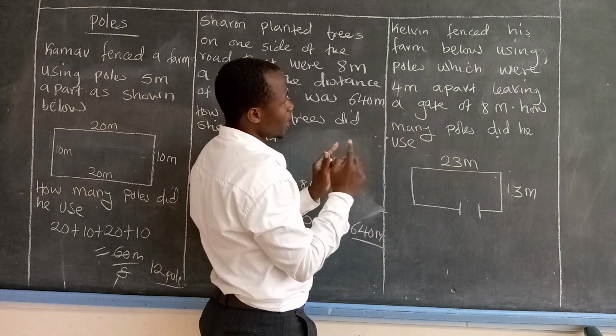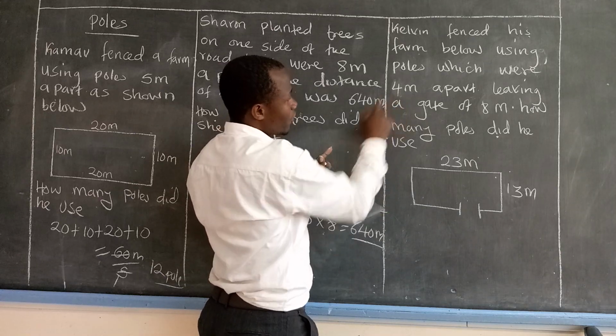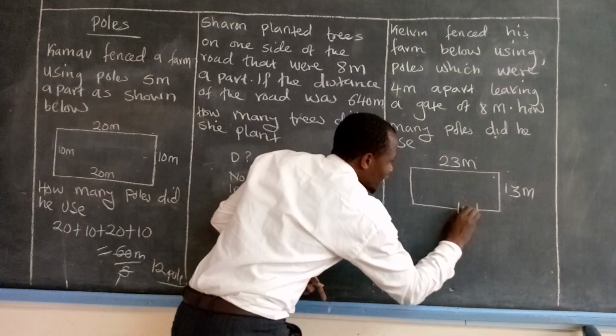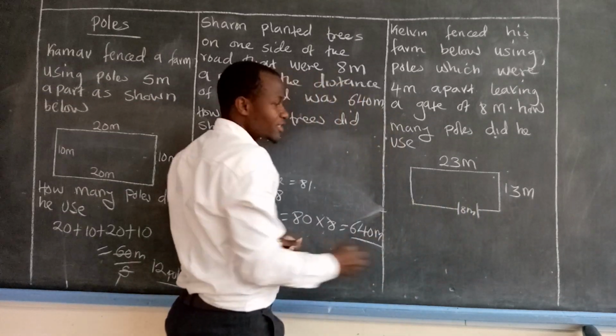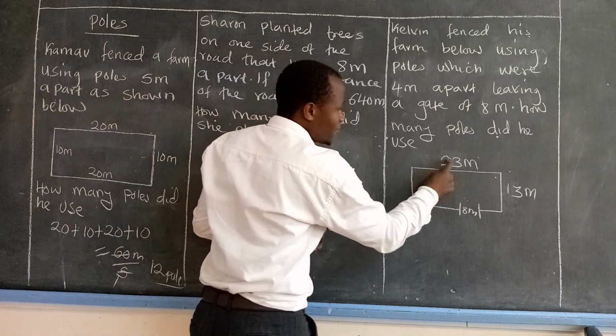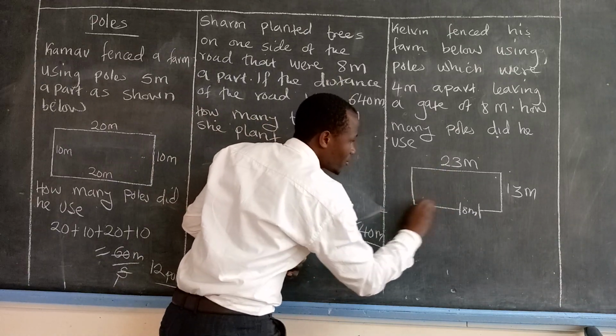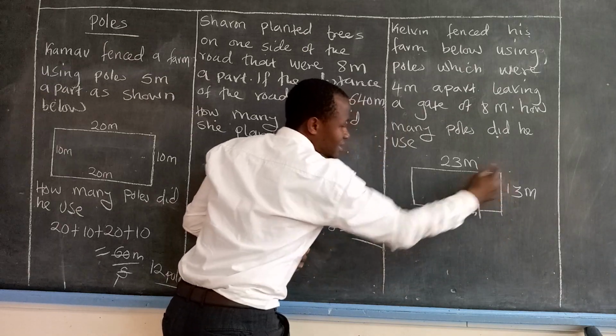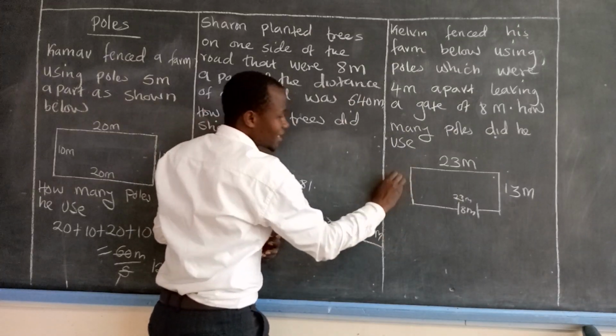The distance from one pole to the other is 4 meters, leaving a gate of 8 meters. This means he did not fence here. If here is 23 meters, the opposite side is also 23 meters. If here it is 13, also here is 13.